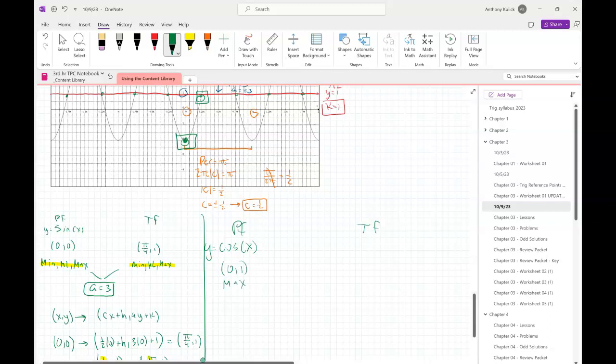Remember, in the parent function, (0, 1) is the maximum for cosine. And here I have (0, -2), that's a minimum. I notice those are opposite extreme points. So that tells me that the A should be negative.